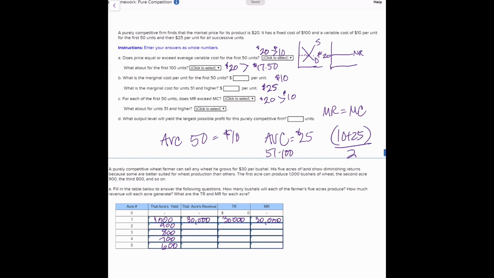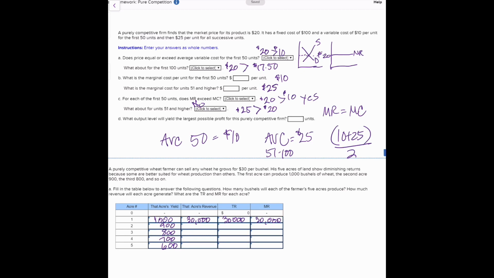So does MR exceed MC for the first one? That's a yes. And for units 51 and higher, the marginal cost is $25, and the marginal revenue is only $20. I've written it backwards here, but hopefully you can see this, and the answer is no.